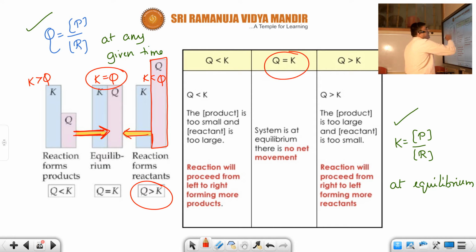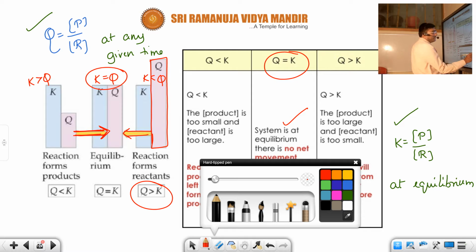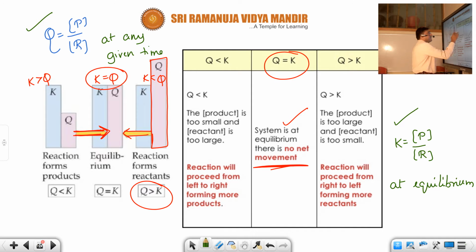When Q is equal to K, the system is said to be in equilibrium. There is no net movement, which means the rate of the forward reaction is equal to the rate of the backward reaction. Students, if Q is less than K, that is, K is greater than Q, naturally products will be formed and the reaction goes in the forward direction.